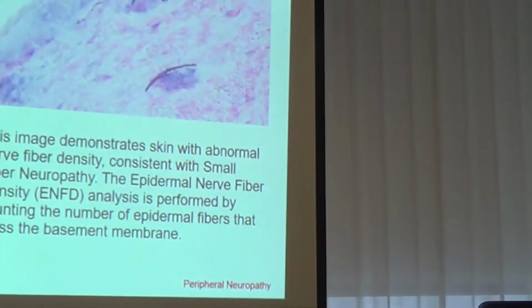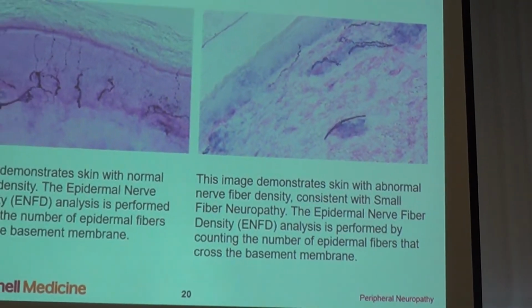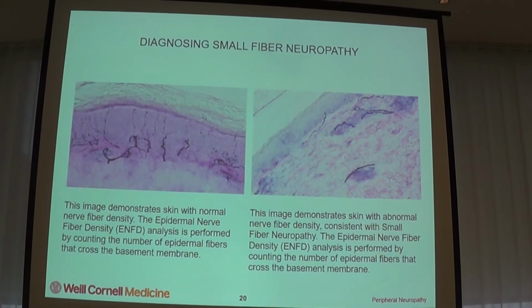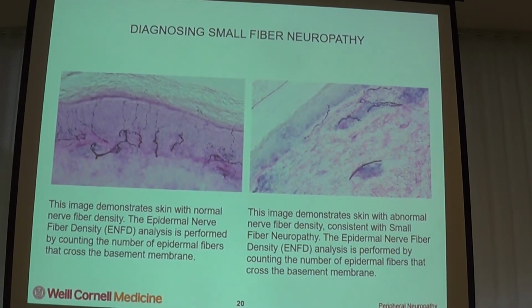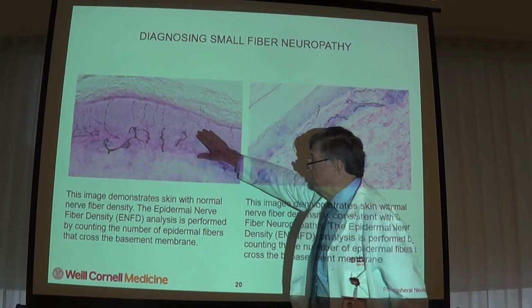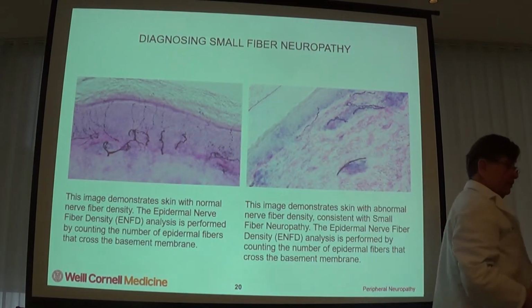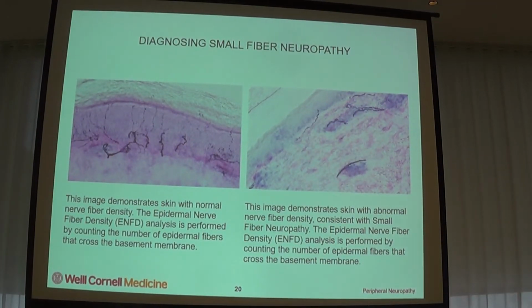So this is just an example of a skin biopsy showing a small fiber neuropathy. On the left, you can see the small fibers traversing the skin. And on the right, you can see the skin is devoid of these fibers. So that's also a very useful test.